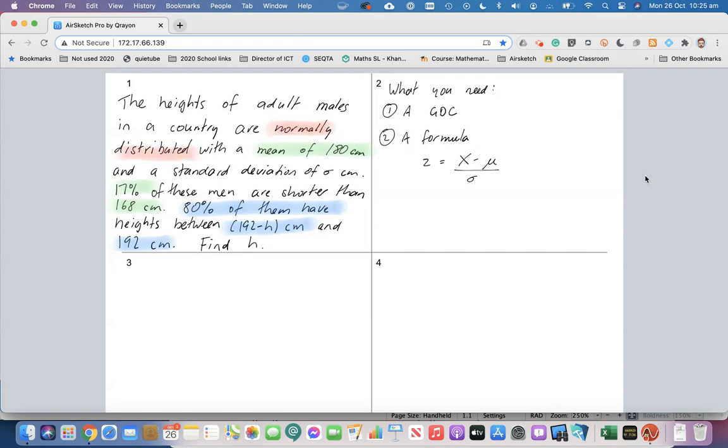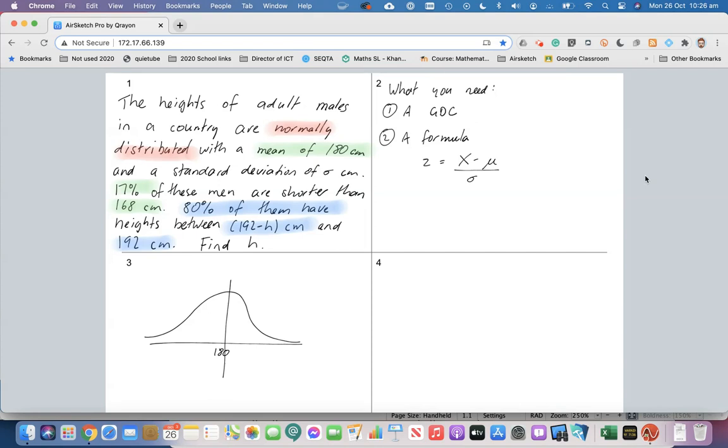That's important as well. If I draw my normal distribution, like so, which I never draw quite accurately, that's the middle there, and we're told there's a mean of 180 centimetres. We're told that 80% of them have heights between 192 minus h centimetres and 192.